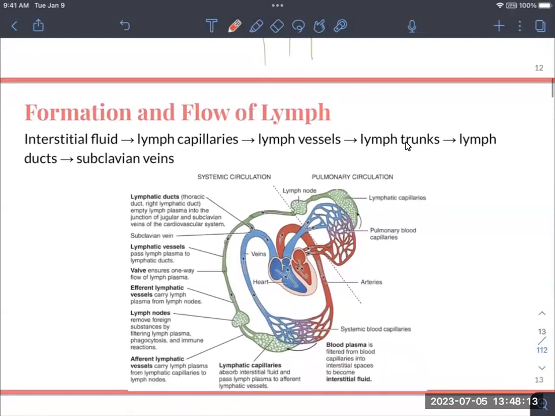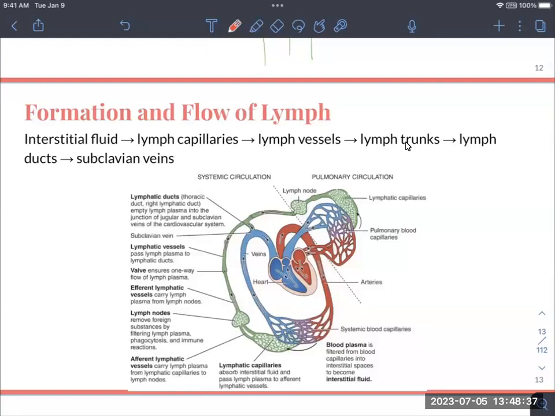So fluid tends to start in that interstitial fluid. It'll travel to the lymphatic capillaries, it'll diffuse, it'll use active transport or secondary transport, it'll use different ways to get into that lymphatic system. Those lymphatic capillaries absorb most of the stuff.